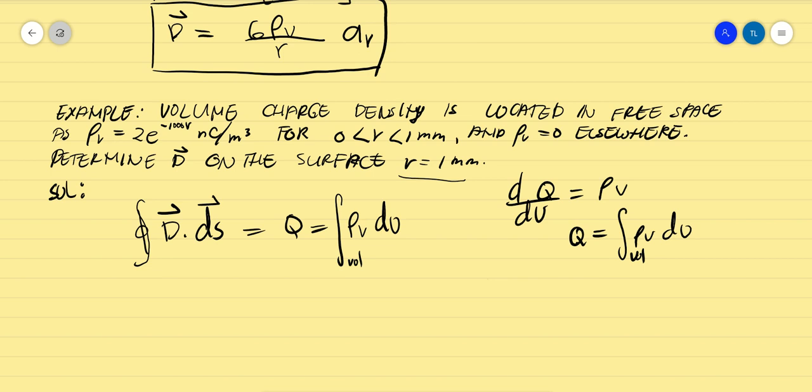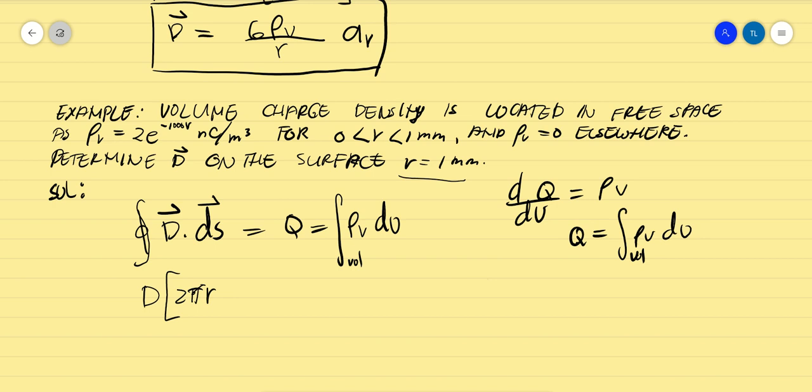Now, if it's a sphere, then the angle between the surface area and the flux density will always be the same. And so it should be D times the surface area of the sphere, which will be equal to the circumference 2 pi r times, it's pi r, 4 pi r squared. Wrong, this is wrong.